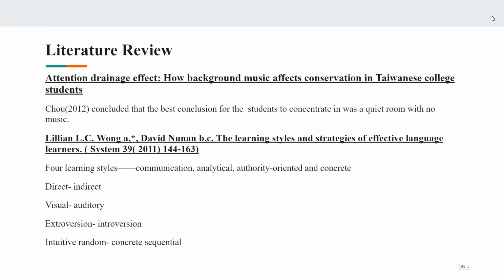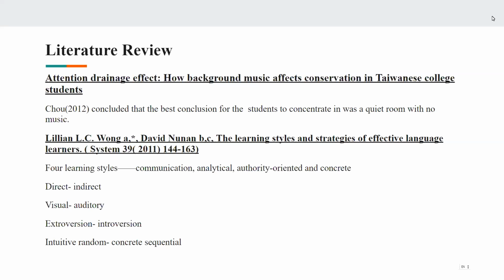And Learning Styles and the Strategies of Effective Language Learners introduced some new learning styles like communicative, analytical, authority-oriented, and concrete. The article also talks about some opposite ideas concerning learning styles, like direct versus indirect, visual versus auditory, extroversion versus introversion, and so on.